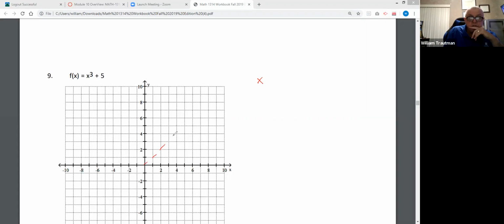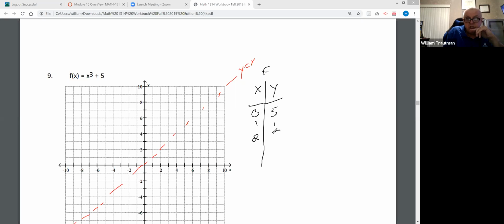Let me draw this right here. That one and that one. That's my y equals x. Of course, the last one would have to give me problems. We had the x and y of the function, and I put 0 in there, got 5. I put 1 in there, got 6. I put 2 in there, got 13. I put -1 in there, got 4.